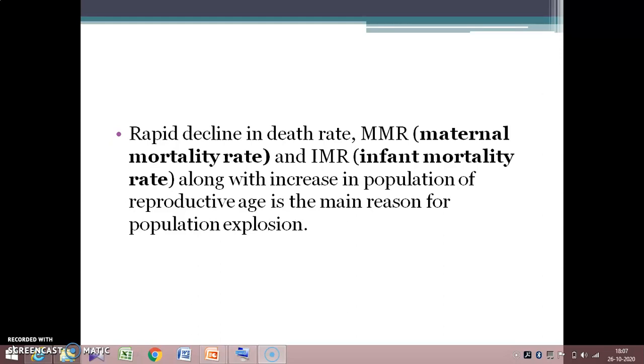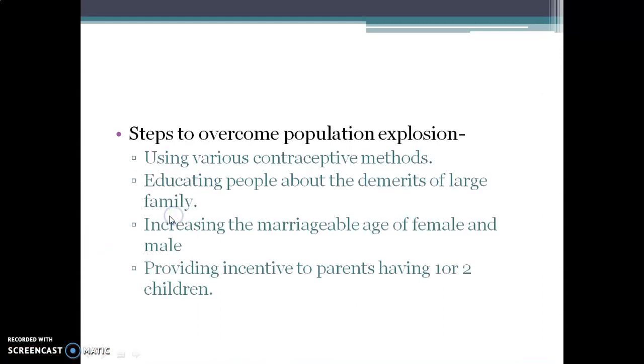Okay. So, because of that, we have to check different steps to overcome population explosion. What are the steps? Using various contraceptive methods, by educating people about the demerits of large family, then increasing the marriageable age of female and male, then providing incentive to parents having one or two children.